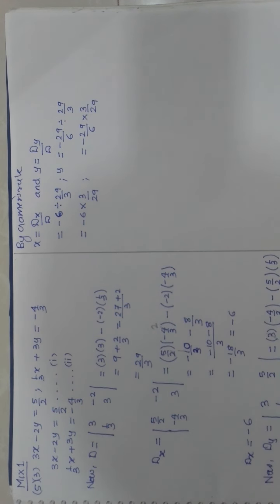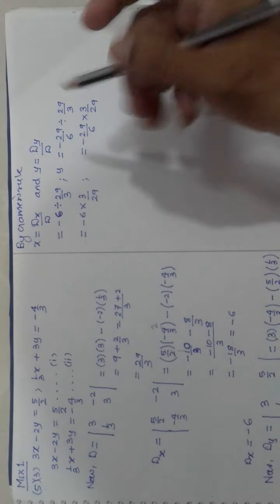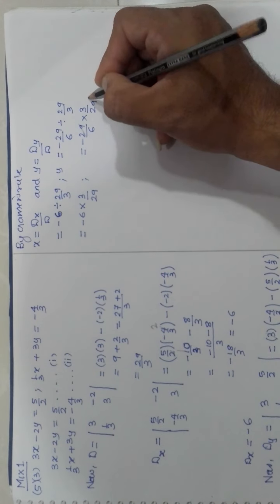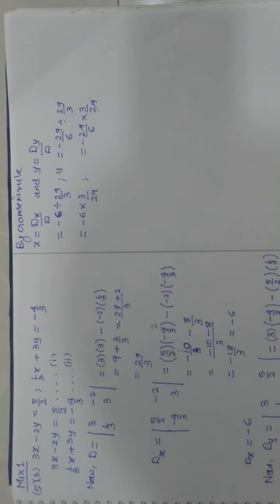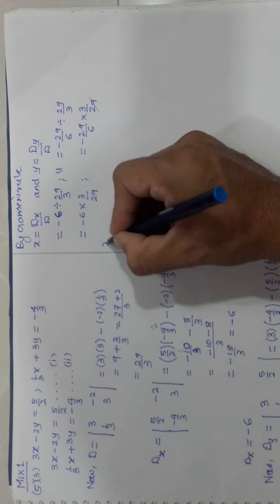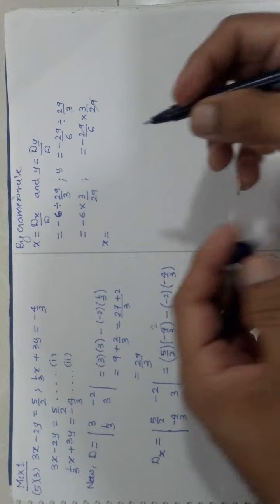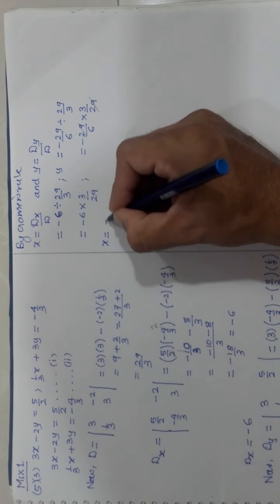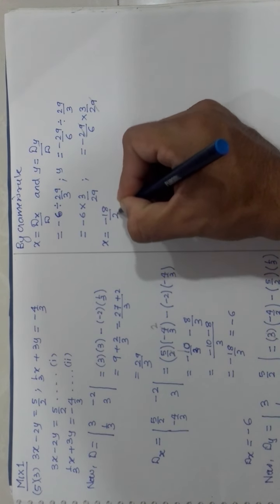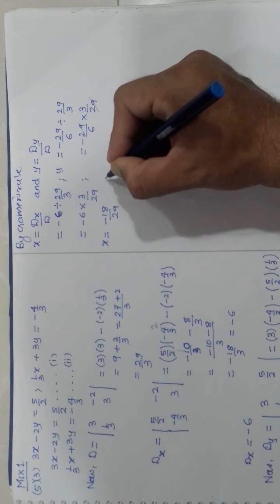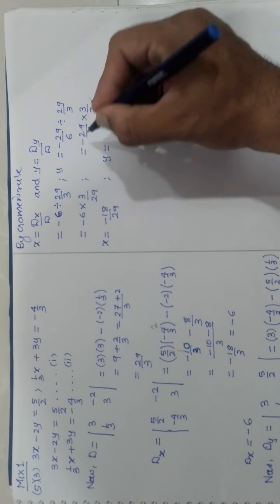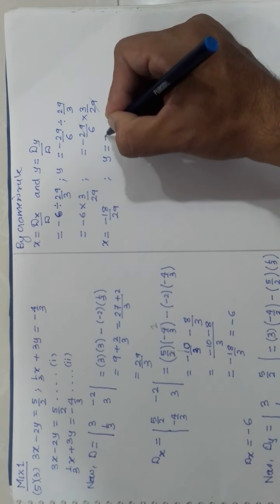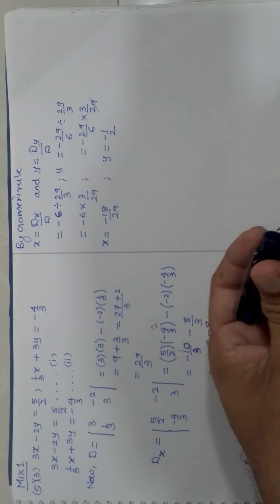Okay, so this 29 gets cancelled over here, so you get here x to be as -18/29 and y to be as, it is 3/6, that is -1/2.